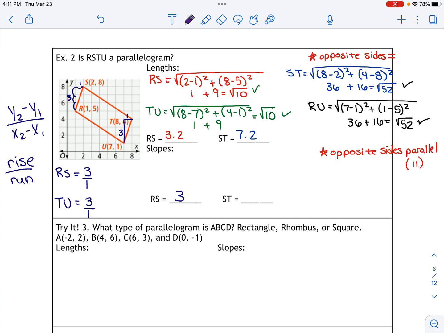To get to S to T, this time, we can do RU, I guess, it's easier. S to T. We're going to go down and then over. So we have to go down 1, 2, 3, 4. So ST is down 4, and then over 1, 2, 3, 4, 5, 6.